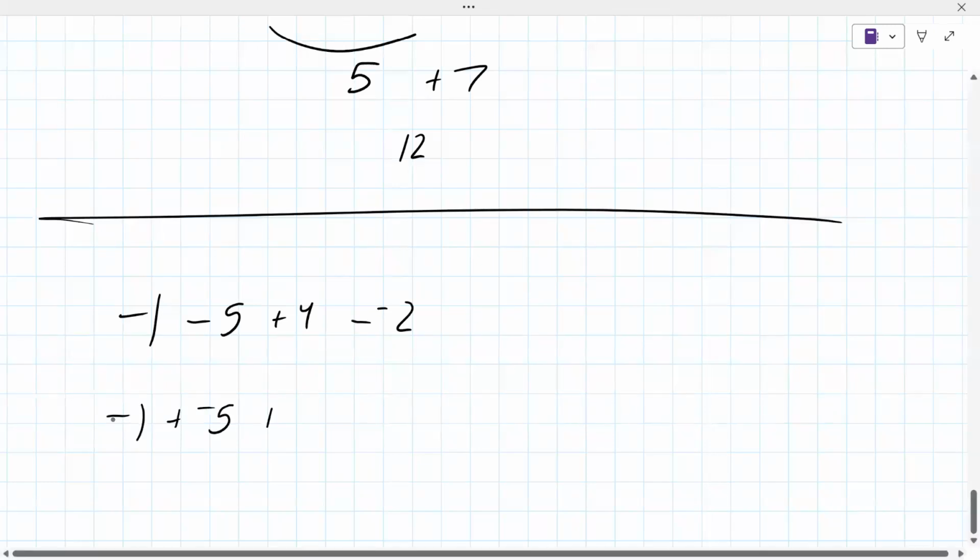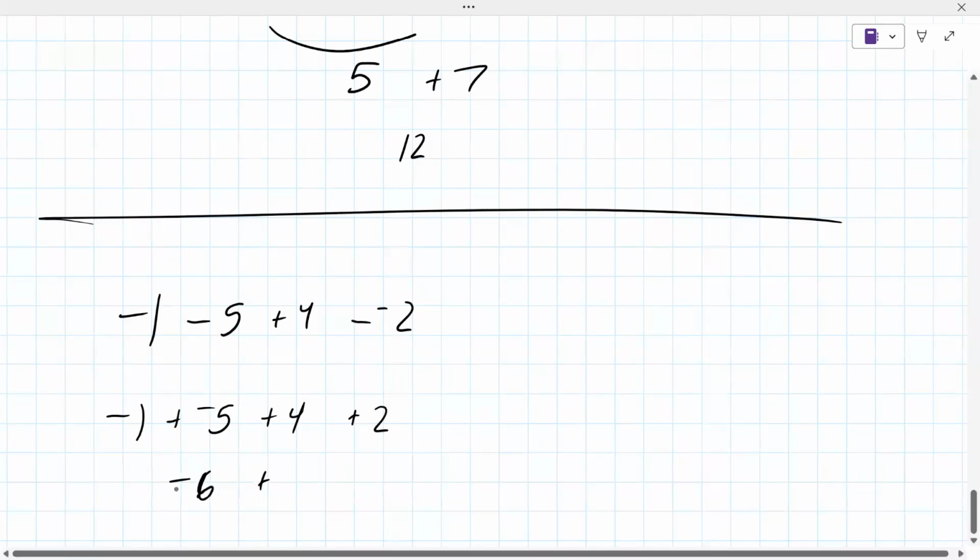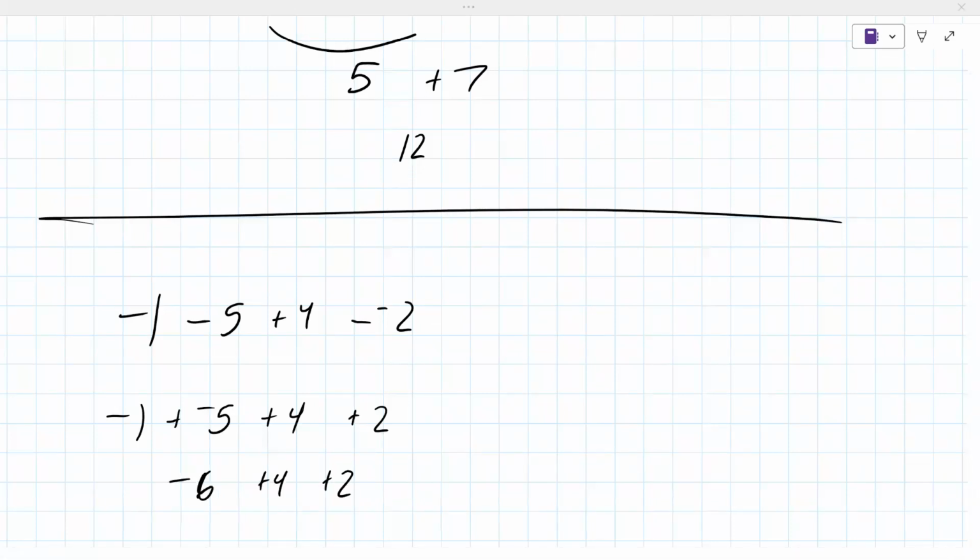Plus 4 plus 2. The answer would be 6. Is it negative? So for -1 plus -5, would it be -6? Yes. Plus 4 subtract 2. -6 plus 4 equals -2.